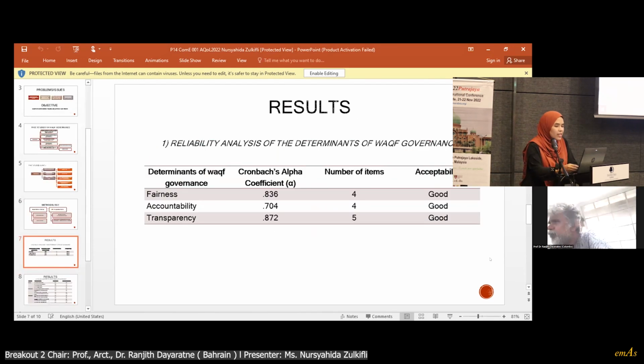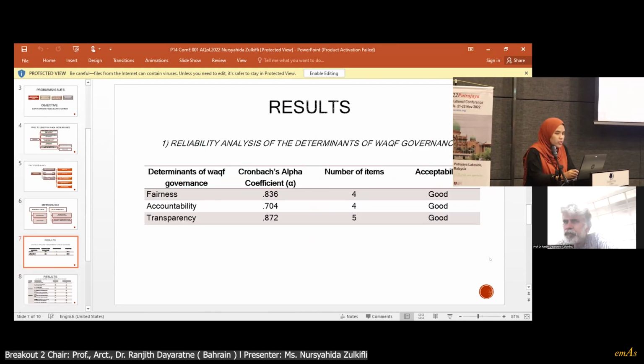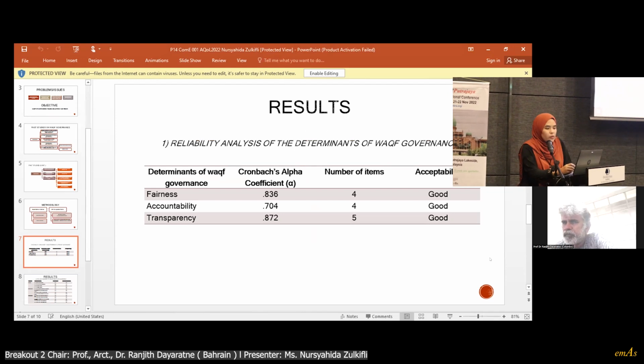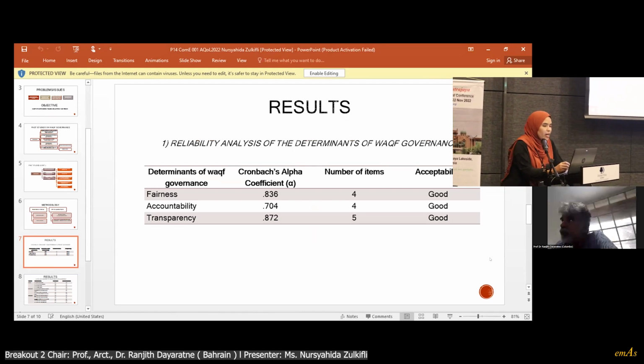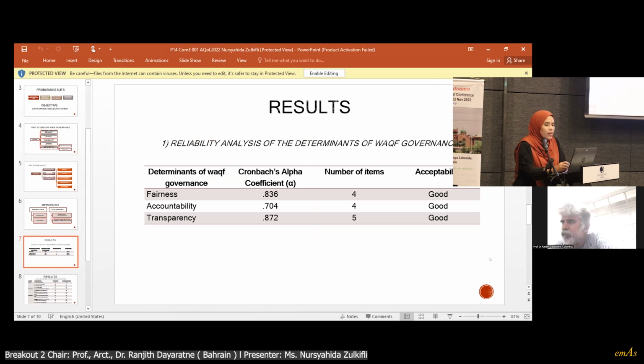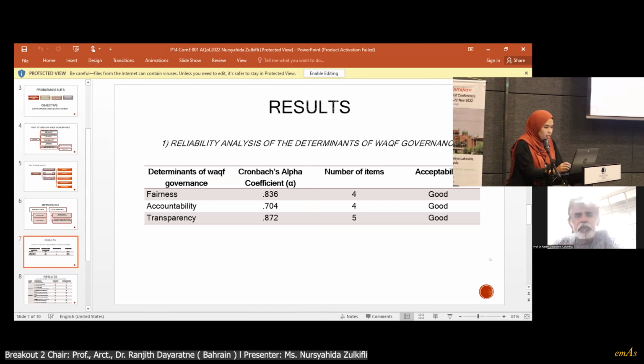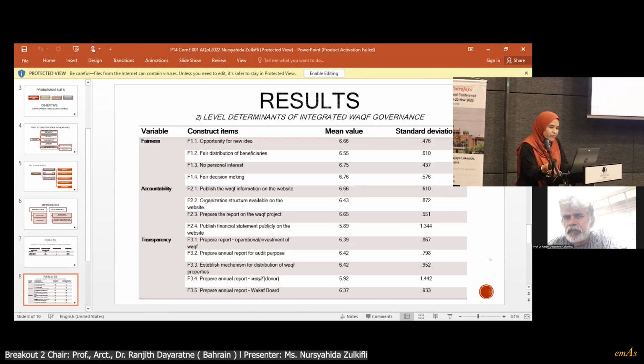Okay, so for the reliability analysis, for fairness, accountability, and transparency, the alpha value ranges between 0.7 and 0.8, meaning that the internal consistency of the determinants is acceptable.